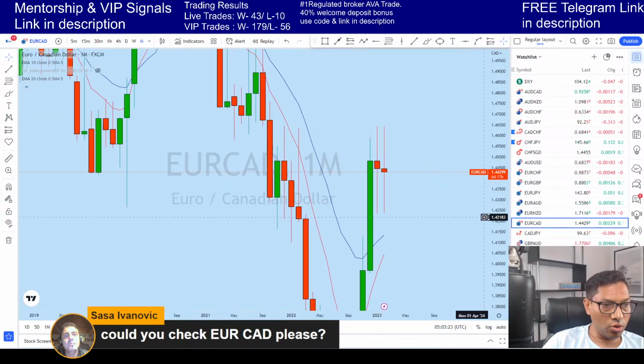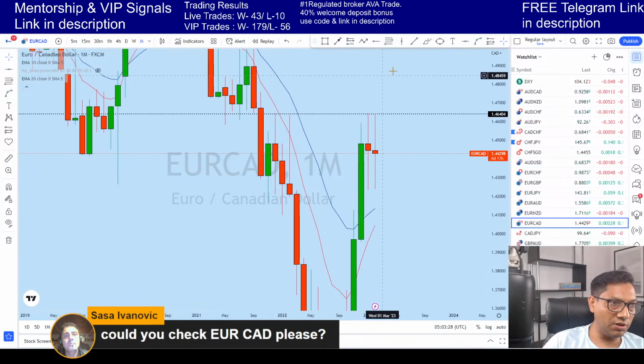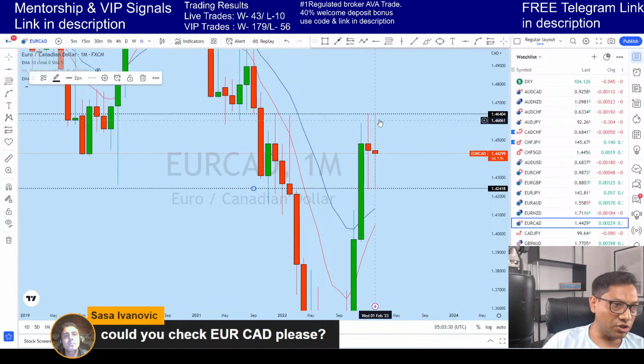I think it might move in between this support and resistance, but the price action is highly bullish.